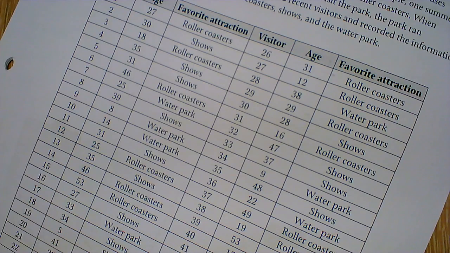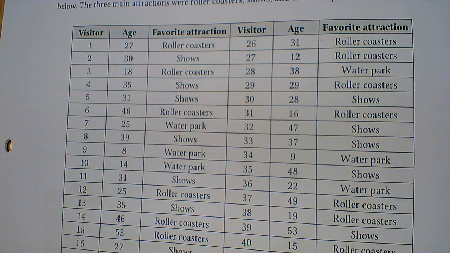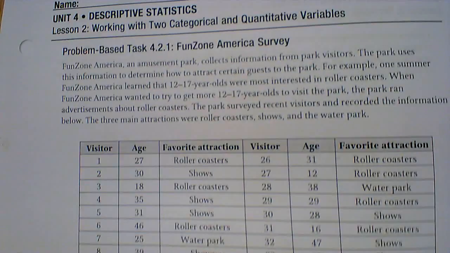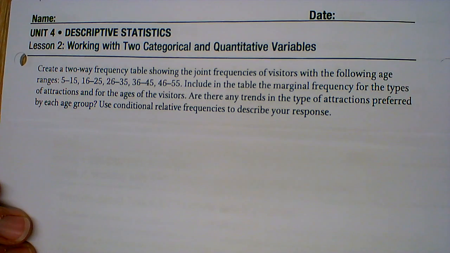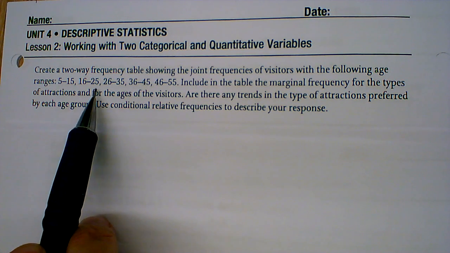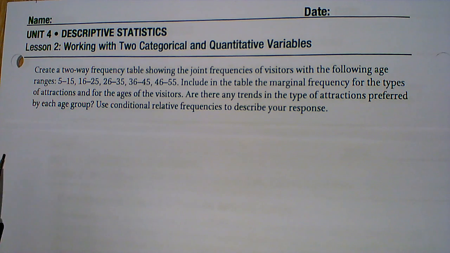So to continue on, in class, we looked at this particular example, and you were asked to group these students by age groupings. So when we looked at the next page, it said create a two-way frequency table showing the joint frequencies of visitors with the following age ranges: 5 to 15, 16 to 25, 26 to 35, 36 to 45, 46 to 55.